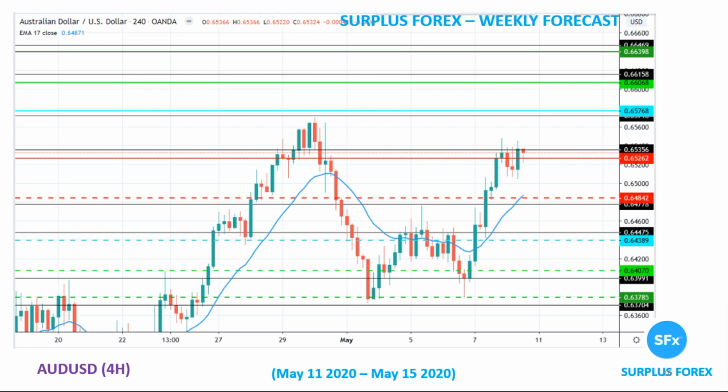If it goes above and tests 65.76, I'll make my entry at 65.76, first target 66.06, and second target at 66.39. On the reverse side, if it falls below 64.38, I'll make my entry at 64.38, first target at 64.07, second target at 63.75, 63.78.